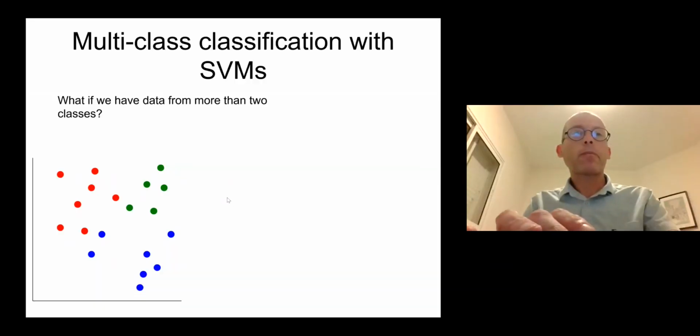As I mentioned, there are other ways of doing it. This is just one heuristic. There are other ways, but they're all heuristics because support vector machines, at least the way it was originally defined, was not meant to be applied to multi-class classification.